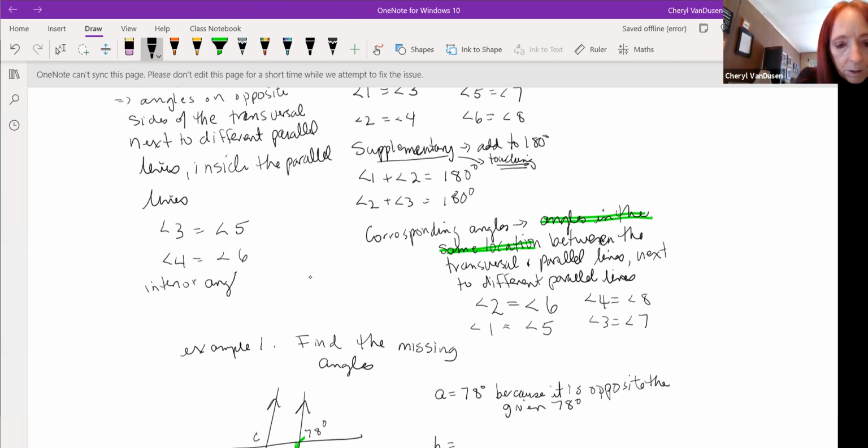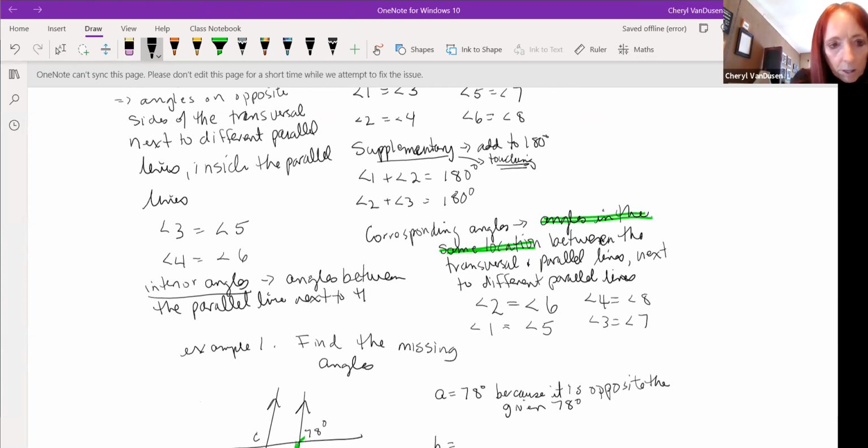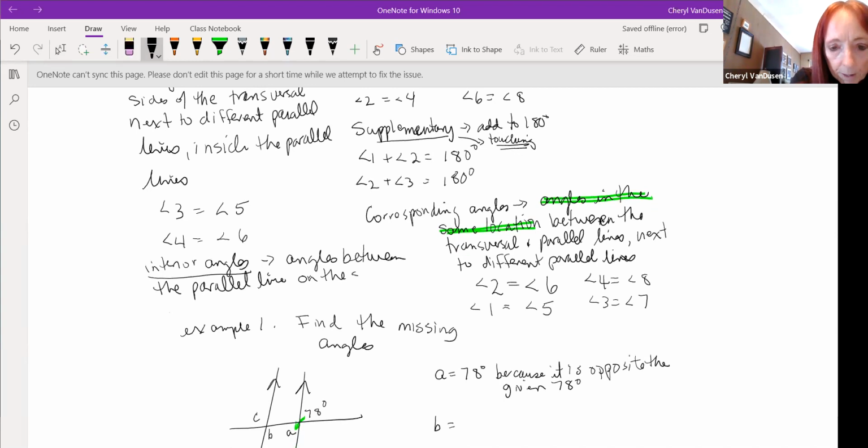Interior angles. Not alternate interior angles, but interior angles. They are angles between the parallel lines on the same side of the transversal next to different parallel lines.